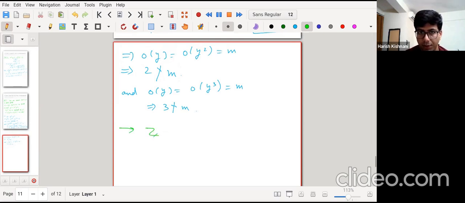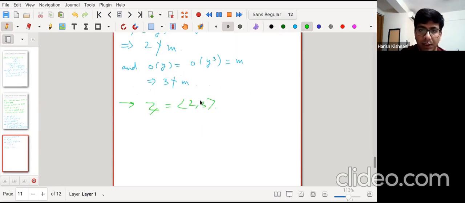This Z is being generated by 2 comma 3, because you can write one as 3 minus 2, belonging to the group generated by 2 and 3.